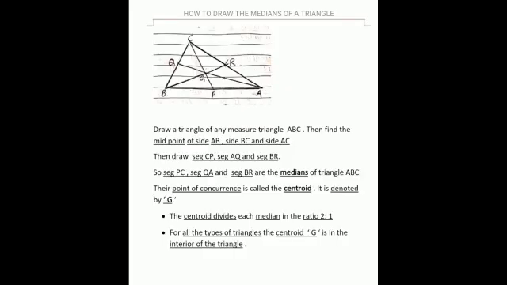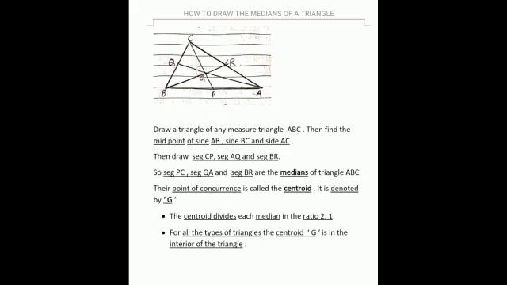How to draw medians of a triangle? Children, draw any triangle of any measure and give a name to the triangle: triangle ABC. Then find the midpoint of side AB and draw a segment CP. Then find the midpoint of side BC and draw a segment AQ.